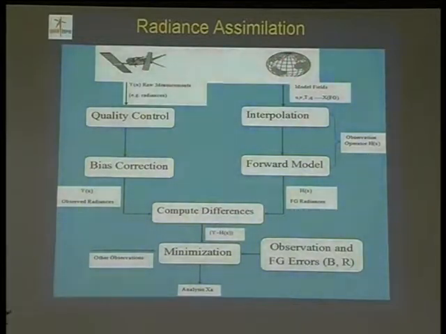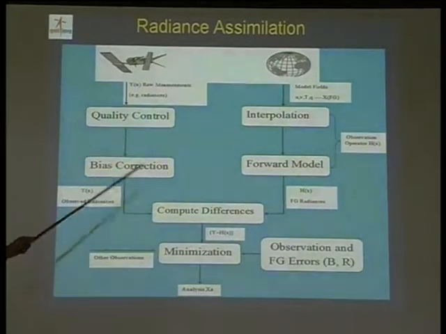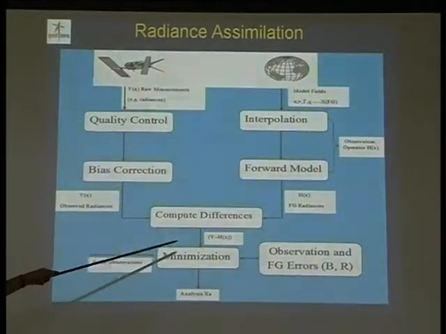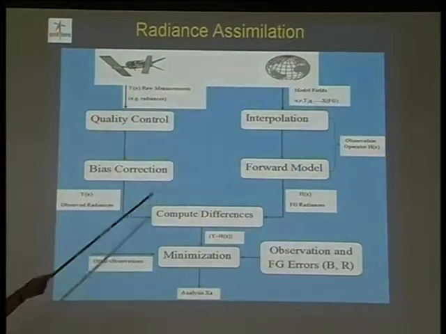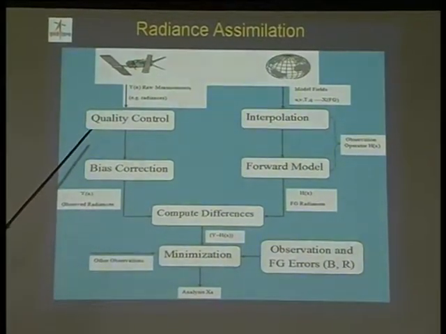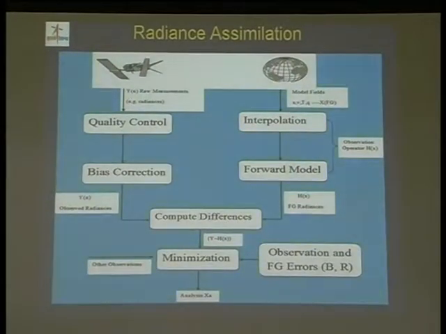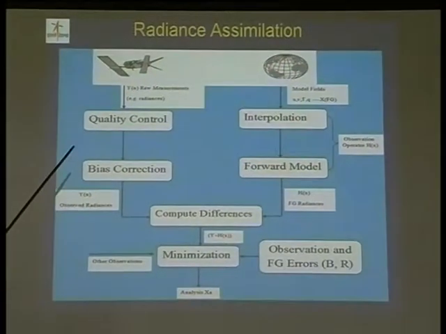assimilation, this is the basic flowchart for data assimilation. Here, you have the satellite observations. These are the model fields. You compare these two, from satellite as well as the forecast, and then minimize the difference between them. If you have measurements of temperature profile, humidity profile, or any other conventional sources, that is the traditional way of assimilation.